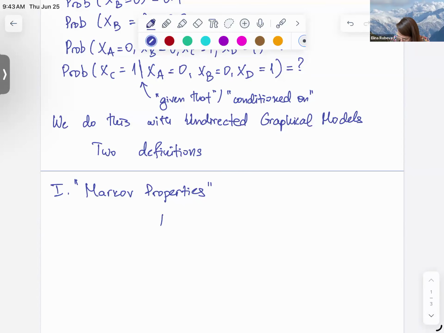But the point is that if we had this graph, so I'm just going to define this all in an example, and then I'll give you the general definition afterwards.